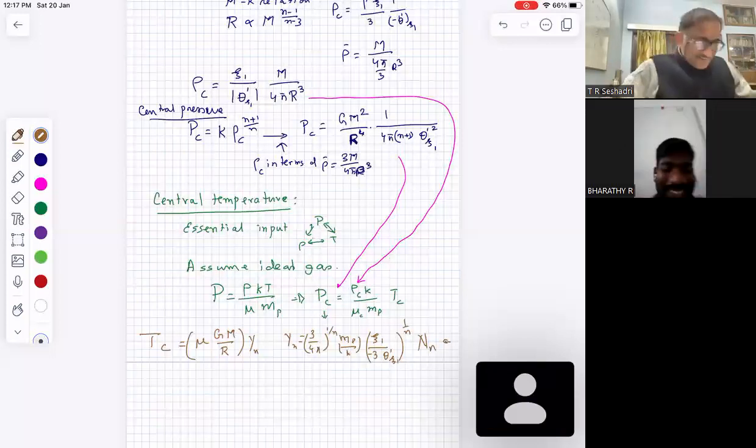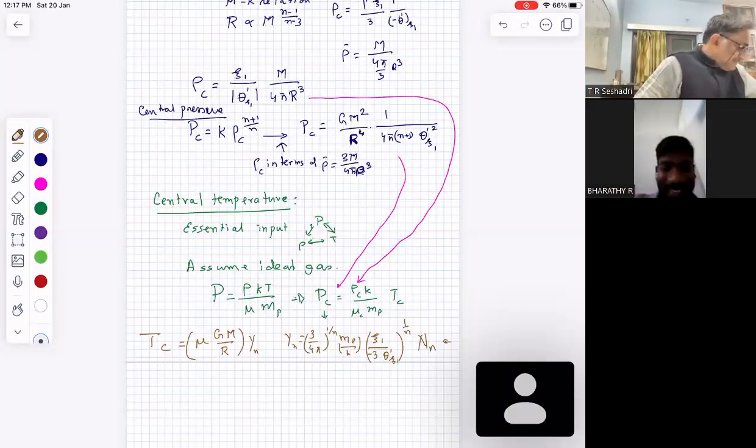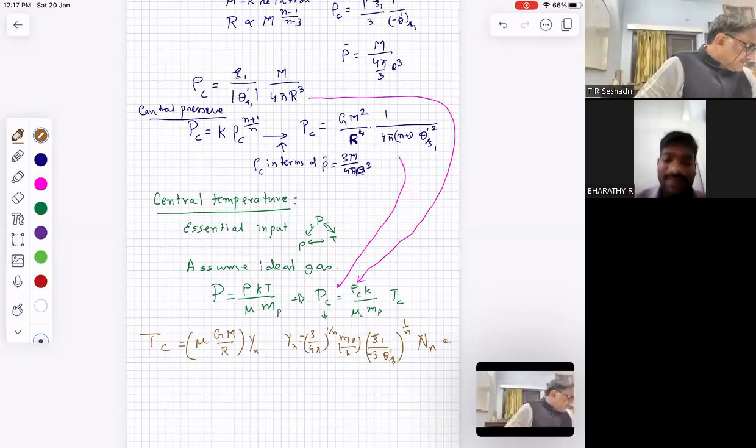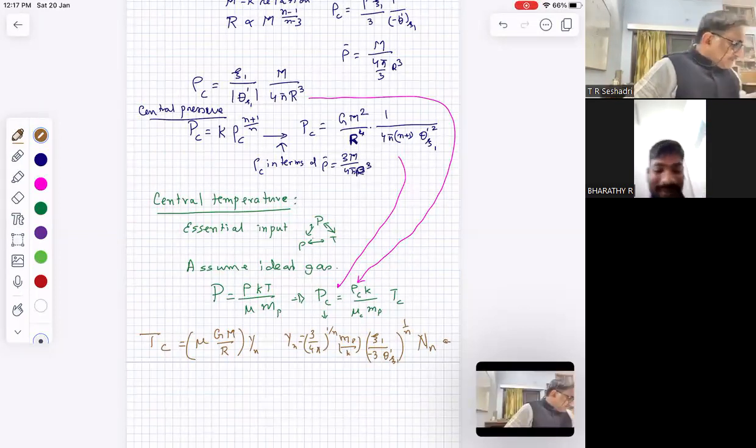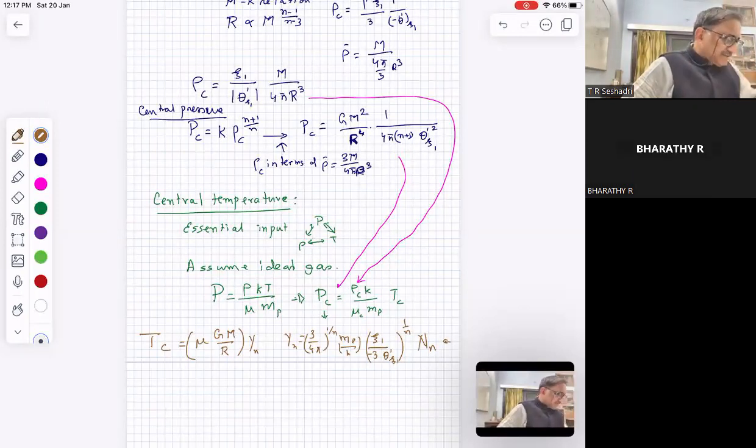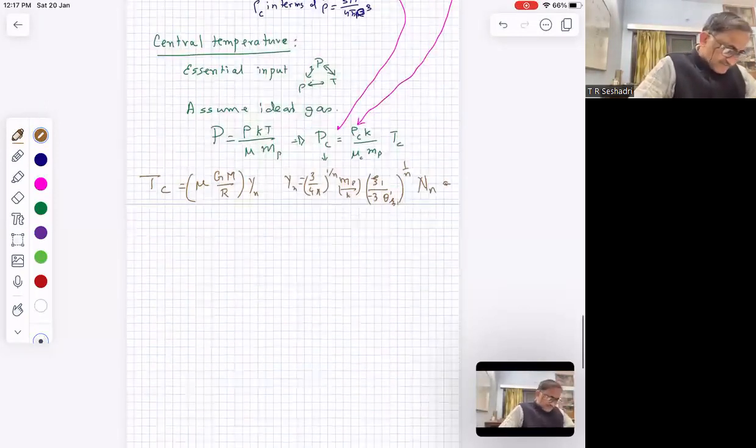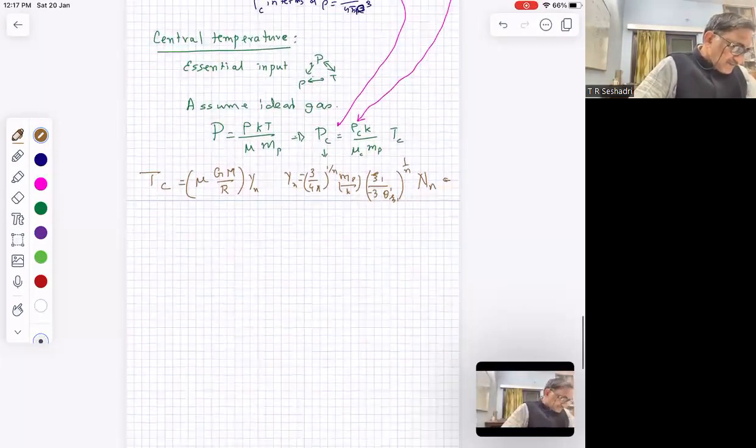Welcome back. Okay. So let us now look at some properties of this Lane-Emden equation, why it is interesting.